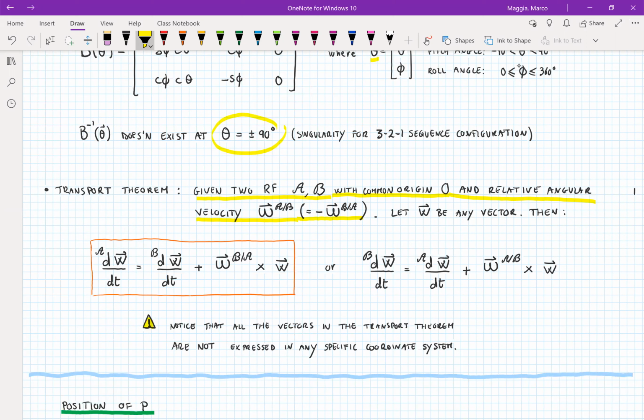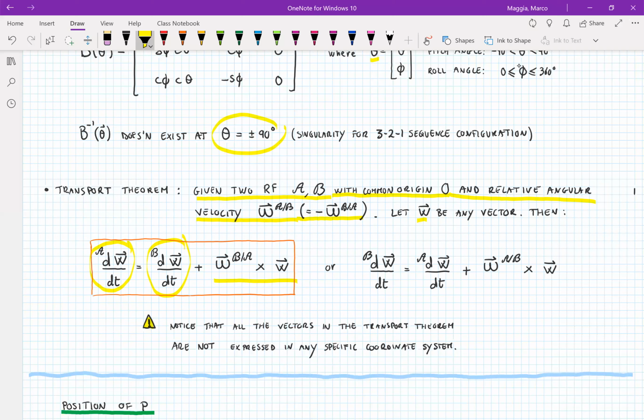If we pick any vector, usually when you select a general vector you pick the letter V, but we're already using V for velocity, so I'm going to use W. So let W be any vector, then the derivative with respect to time of such vector in reference frame A is equal to the derivative with respect to time of the same vector with respect to reference frame B plus the cross product between the relative angular velocity of B with respect to A and the vector itself.